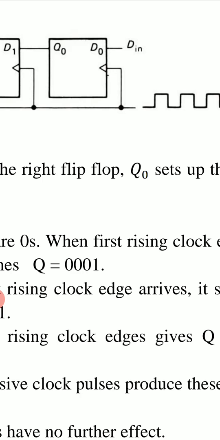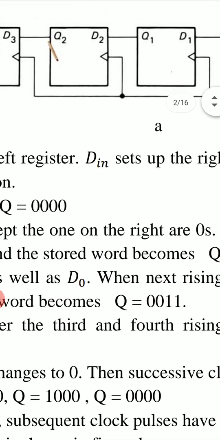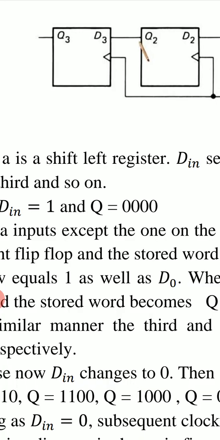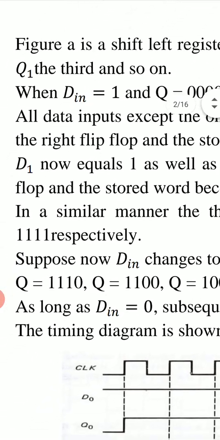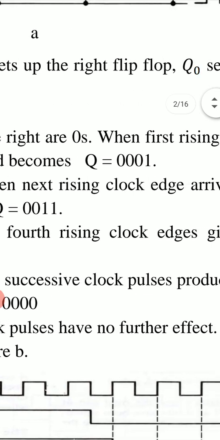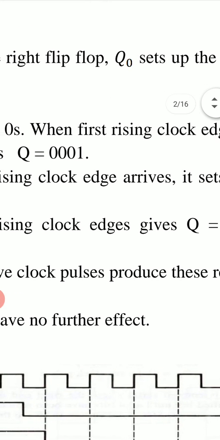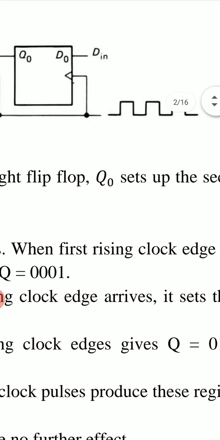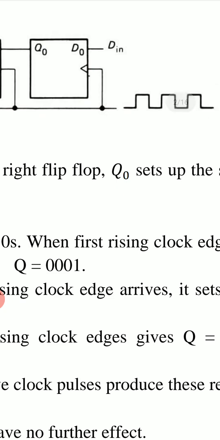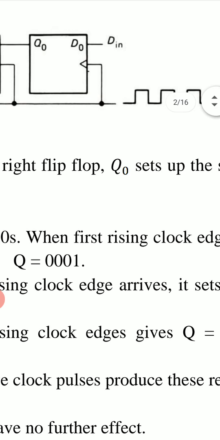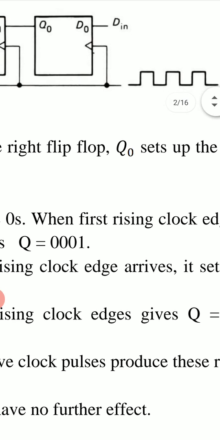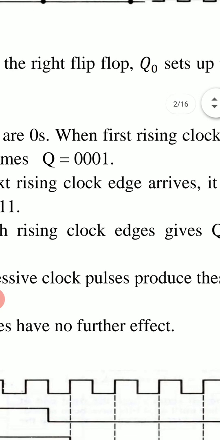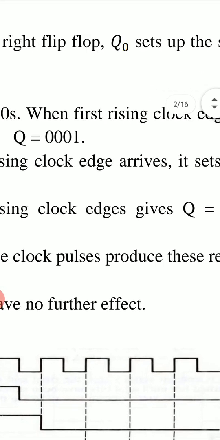So when the positive clock edge arrives, this Q0 becomes 1, and all these Q1, Q2, Q3 are 0, 0, 0. And now we have this word Q equal to 0, 0, 0, 1, because Q0 is now equal to D0 and D0 is D in and D in is 1. So when D in is 1, the first positive clock edge arrives, which gives output Q as 0, 0, 0, 1.